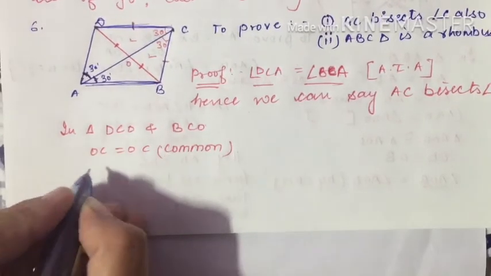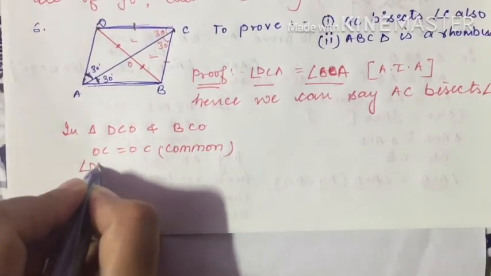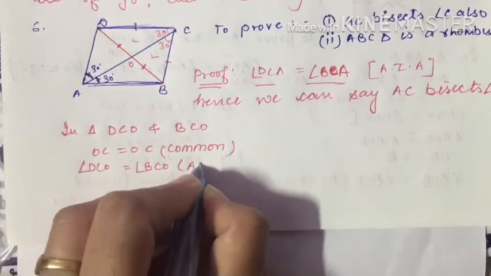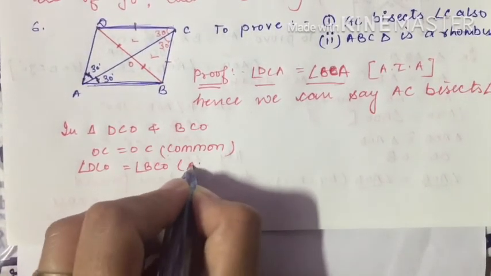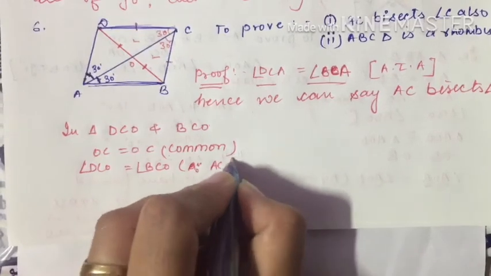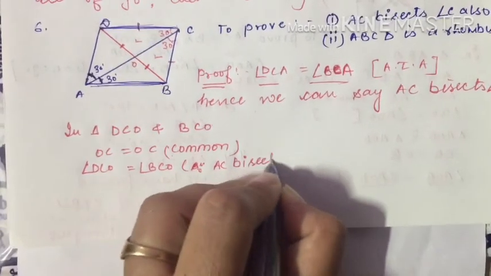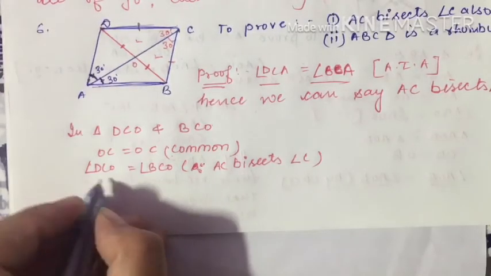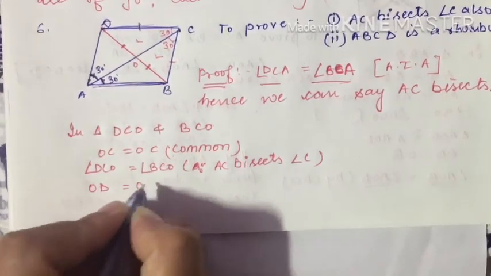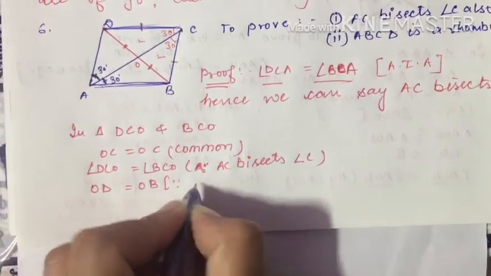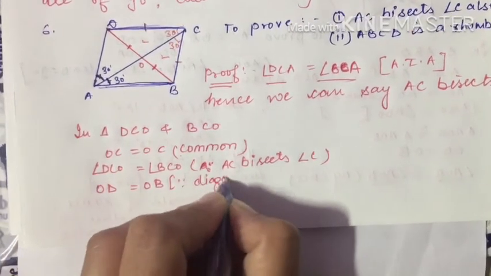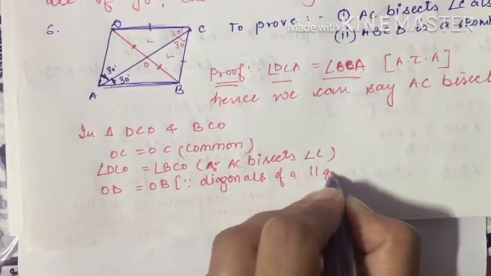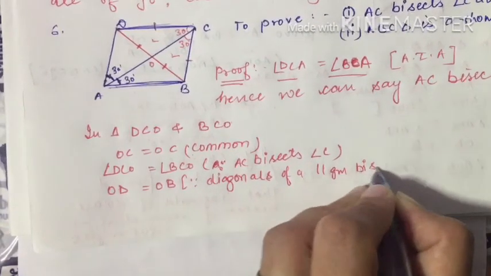Angle DCO is equal to angle BCO, because AC bisects angle C. This is what we have proved in our first part. And OD will be equal to OB, because diagonals of a parallelogram bisect each other.